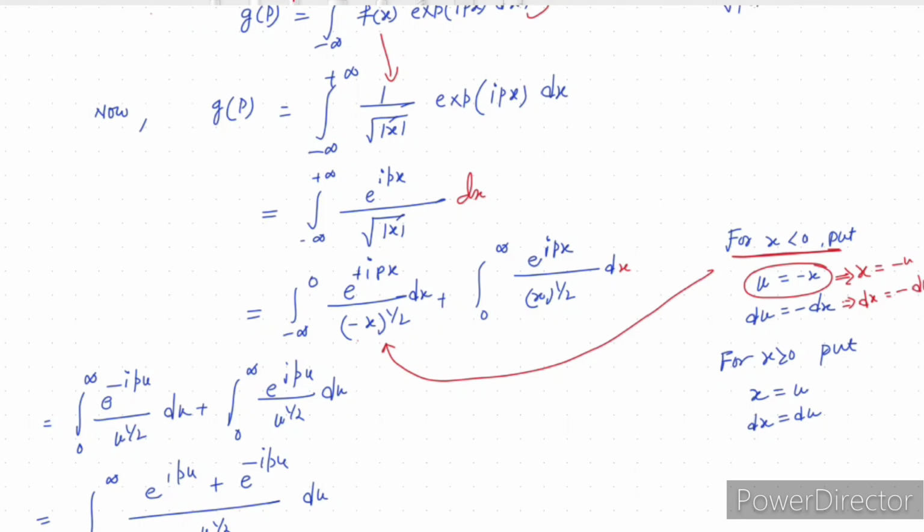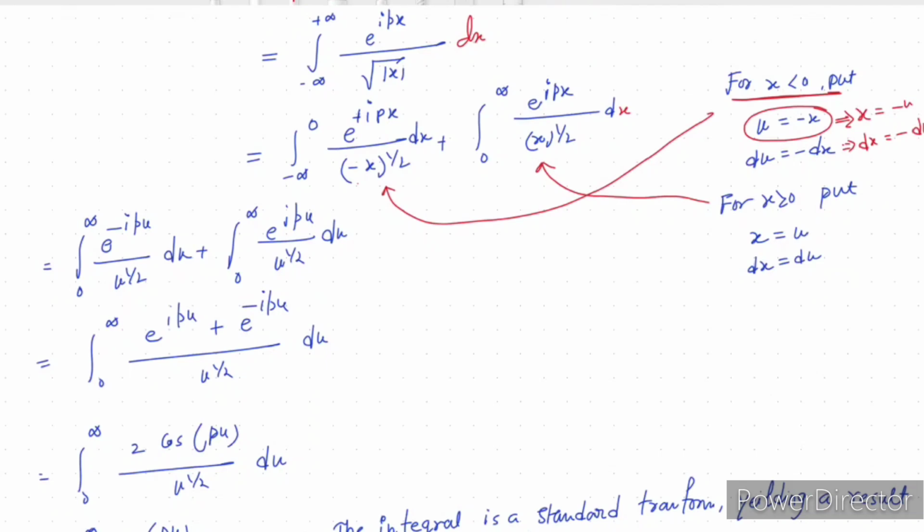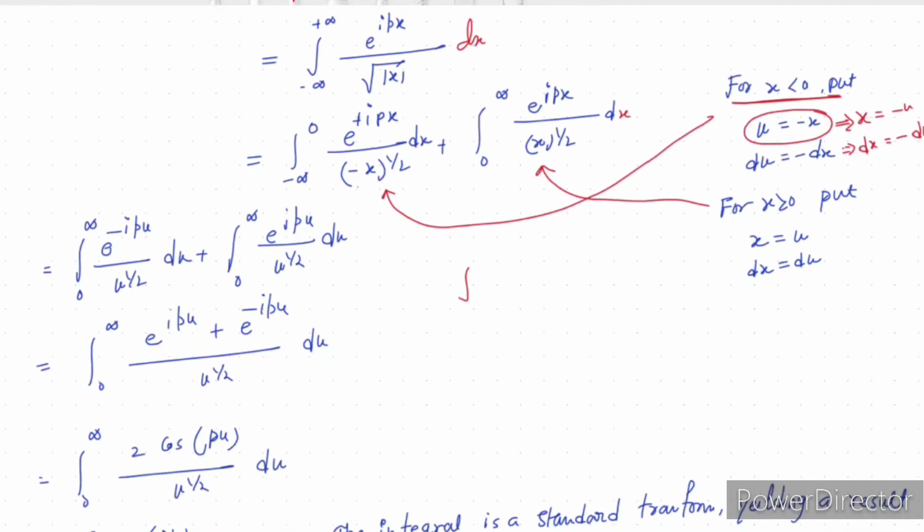And for the second part, where x is greater than 0, we put x equals u and dx equals du. After putting this we get e to the power minus ipu. Okay, just take the first integration.